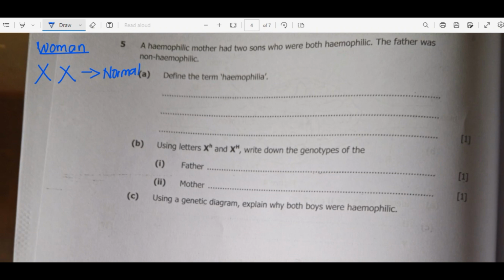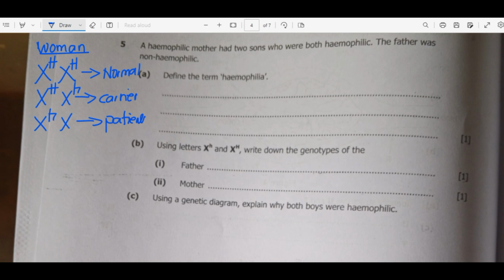For a woman who is 100% okay, we are going to have capital letter H here and capital letter H here. Then the second one, a woman can be a carrier. For a person to be a carrier, one must be a capital letter and the other one must be a small letter. Then the last one, for a woman to be a patient, we need 2 small letters for h.